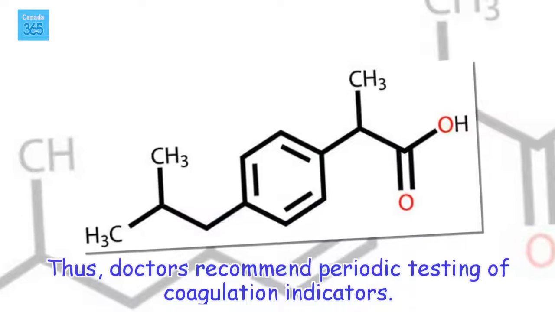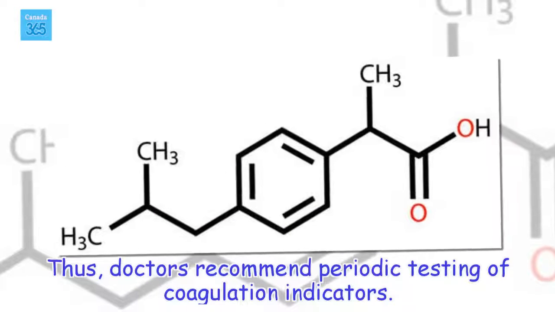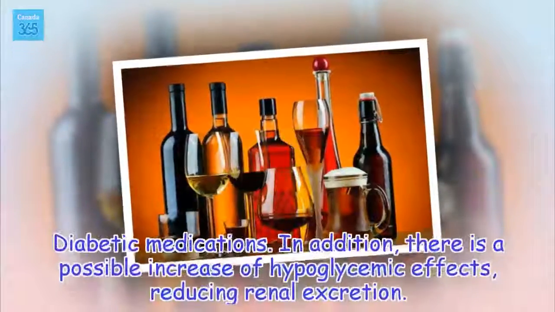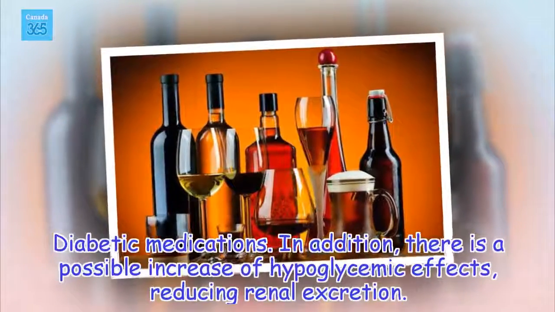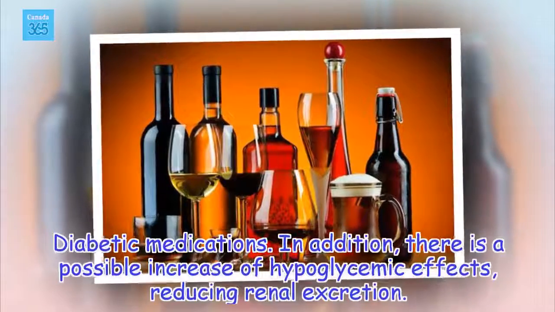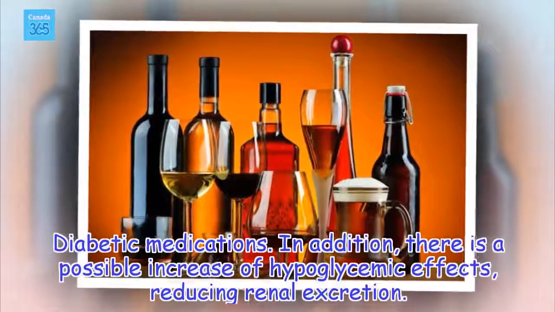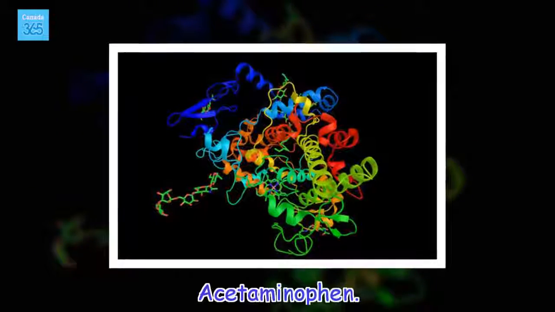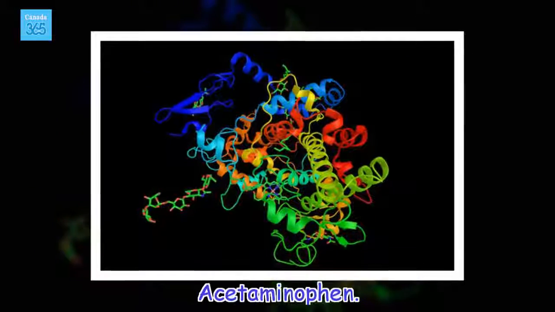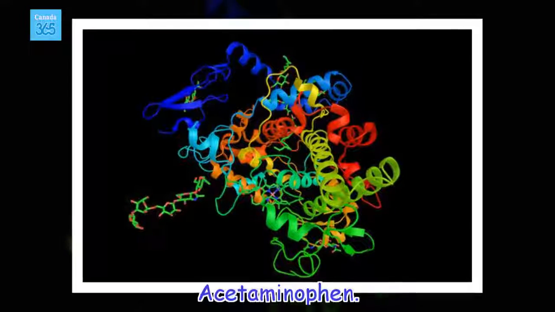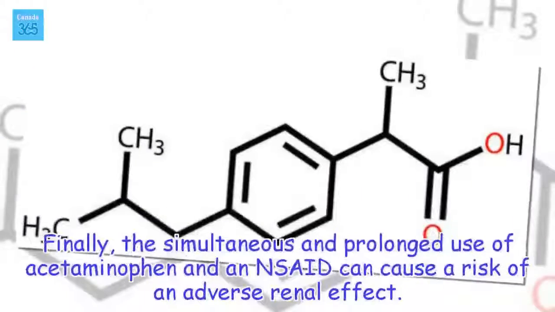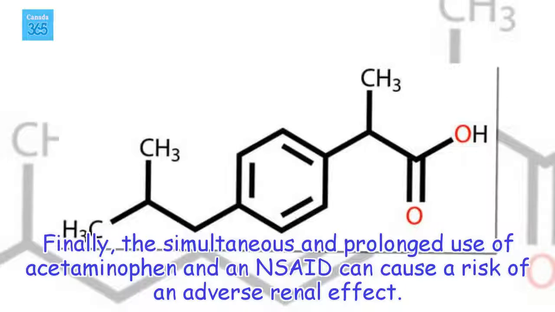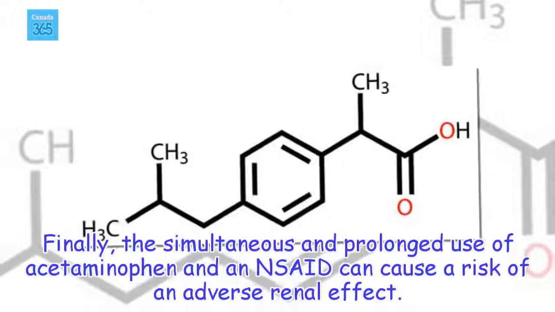Thus, doctors recommend periodic testing of coagulation indicators. Diabetic medications. In addition, there is a possible increase of hypoglycemic effects, reducing renal excretion. Acetaminophen. Finally, the simultaneous and prolonged use of acetaminophen and NSAID can cause a risk of an adverse renal effect.